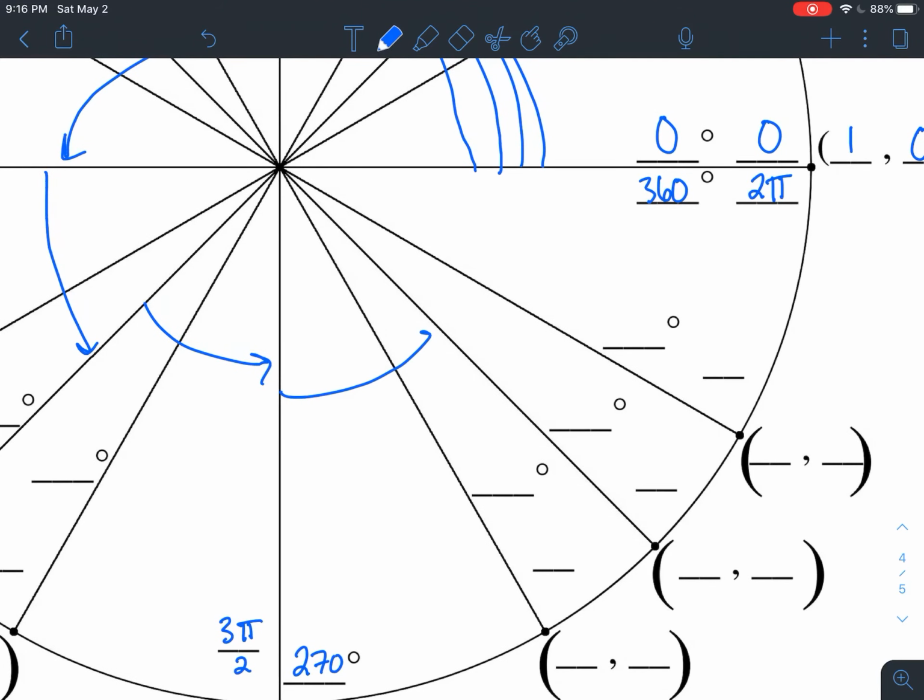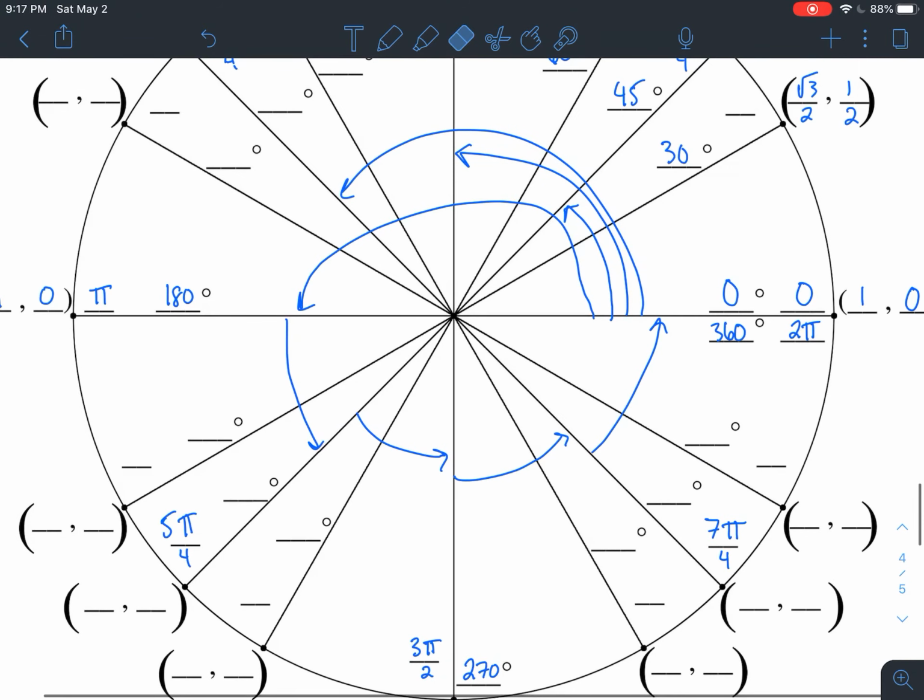And then for the next one, right there, I end up with 7 pi over 4. And then going that very last 45 would be 8 pi over 4, which reduces to 2 pi. So that's looking at it in terms of slices.